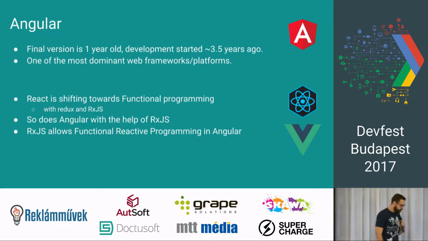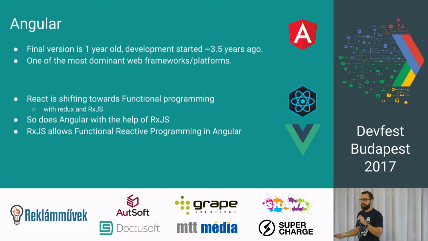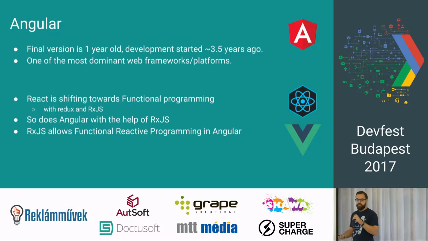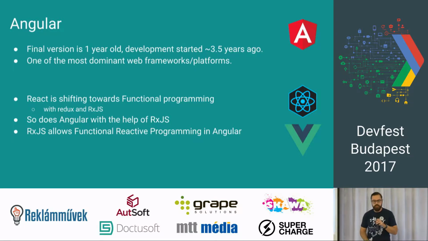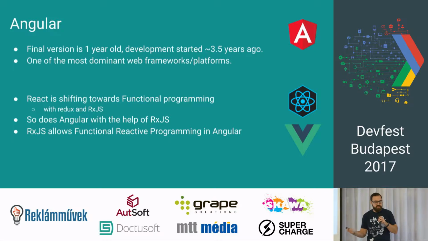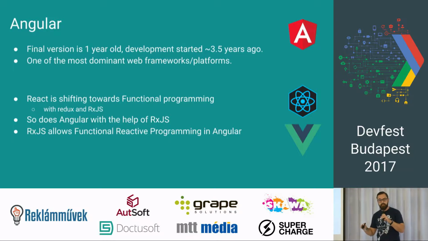Angular is now, let's say, 1 year old, but the development started a little more than 3 years ago, and it's already one of the most dominant web frameworks, right? The other one is maybe React, if we stay in the JavaScript ecosystem.